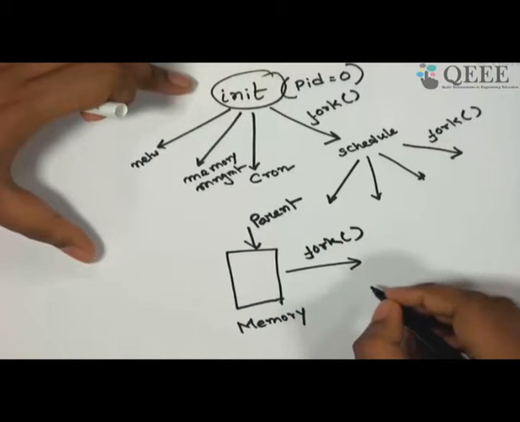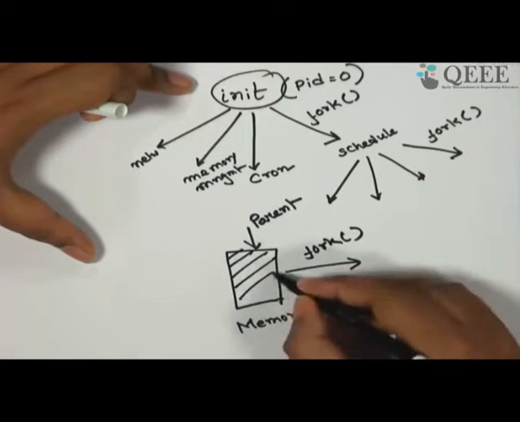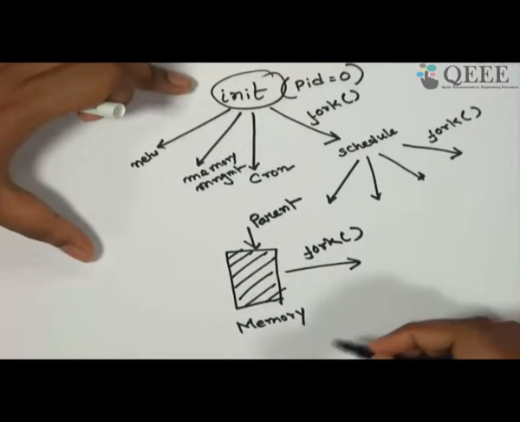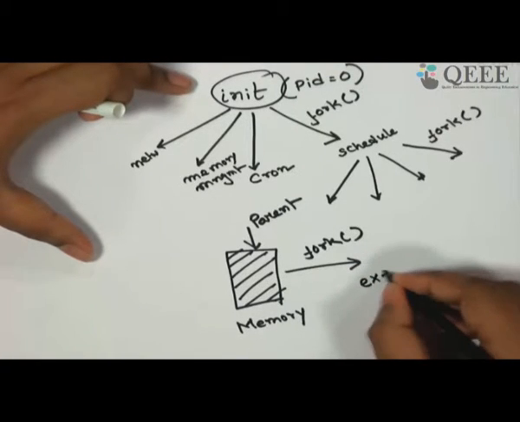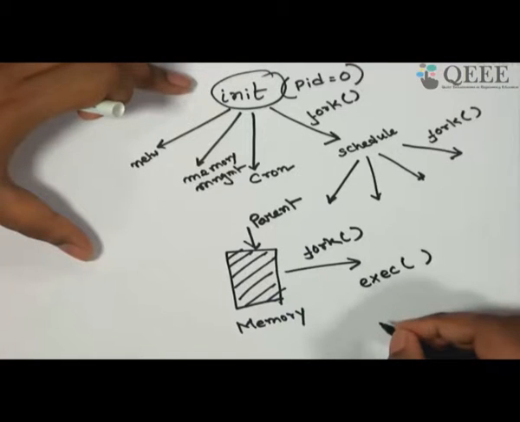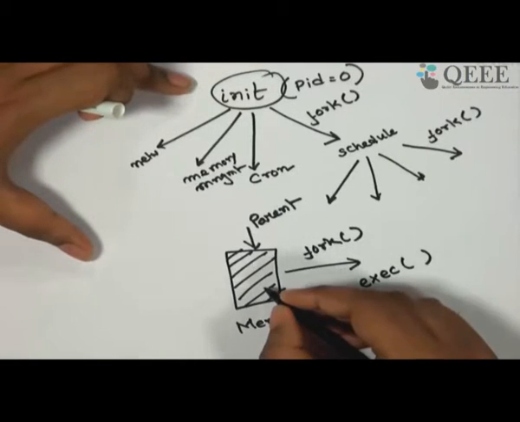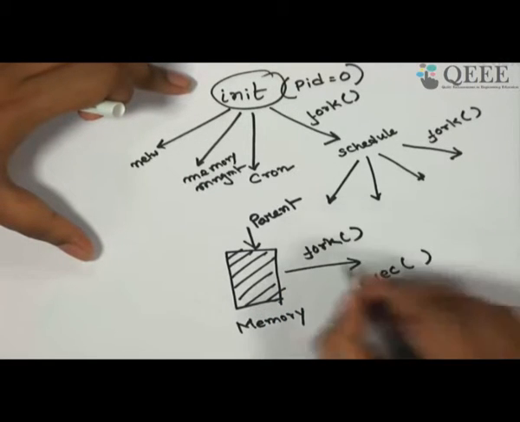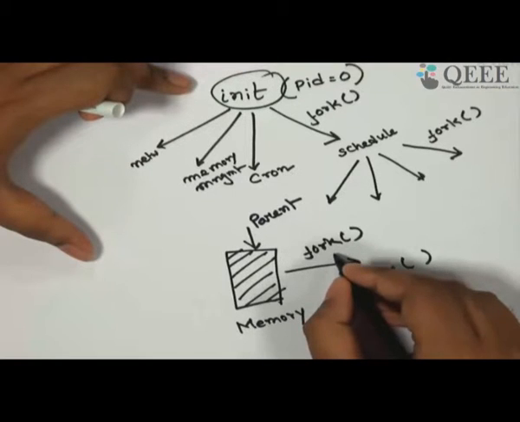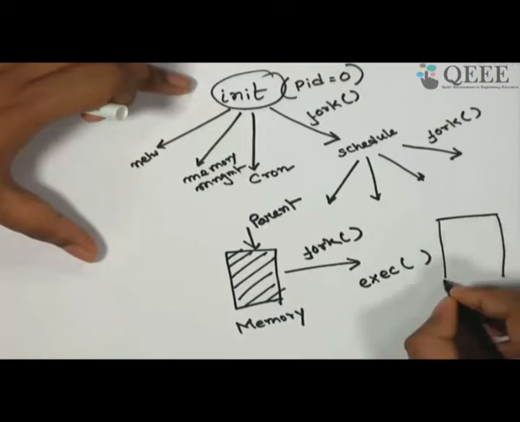In this scenario, the child process initially will be a complete copy of this parent memory space. Now you can use the exec system call to load another process in the child's memory. So once you execute the fork system call, the child process is created and the memory space is allocated to the child.